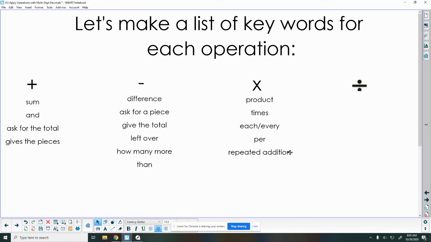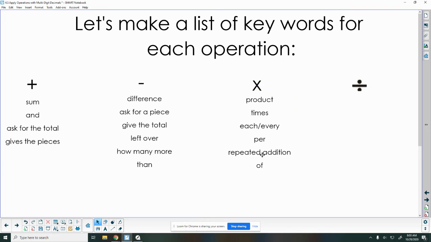Another word we sometimes can see is the word of, but we've got to be careful with all of these words though, because just because it says that word in the problem doesn't mean that that's what you do. So I know sometimes there are division problems that will say of, and you've got to decide and help draw a picture, and we'll practice this some more to decide which one you should do, if you should multiply or divide.